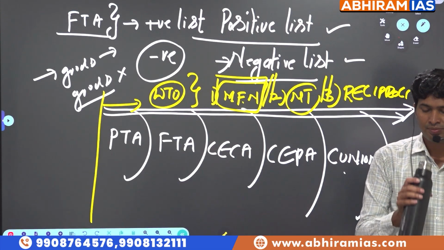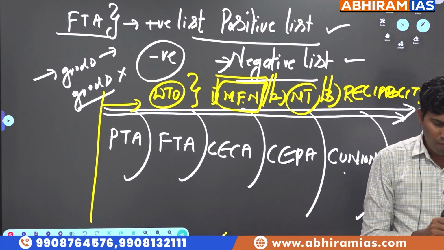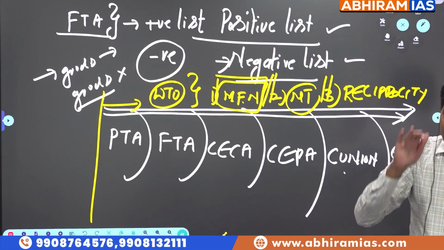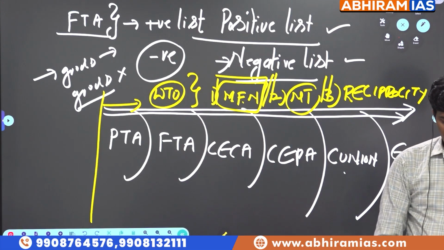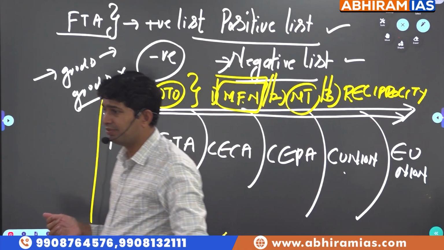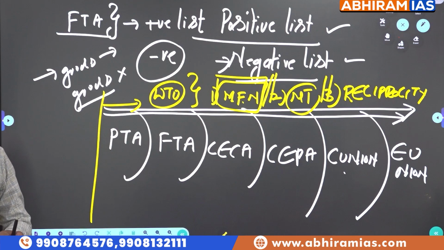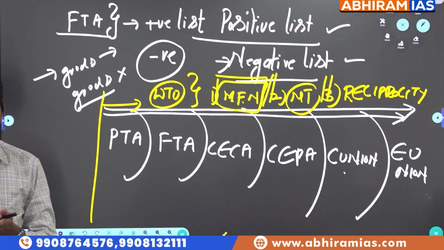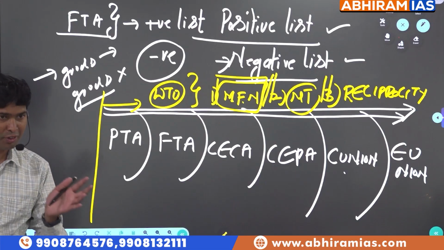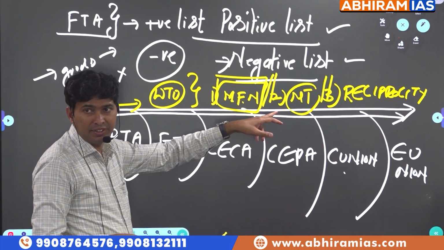So which means, let's say Chinese goods entered into our market. So once at customs point, custom duty is paid, when Chinese goods are being transported, there should not be discrimination between Indian goods and foreign goods. You treat foreign goods also like you treat your national goods. That is called as national treatment.